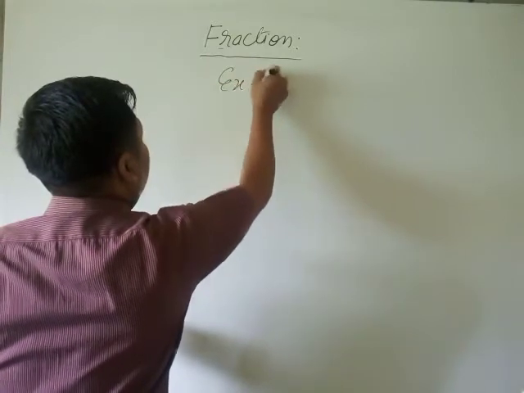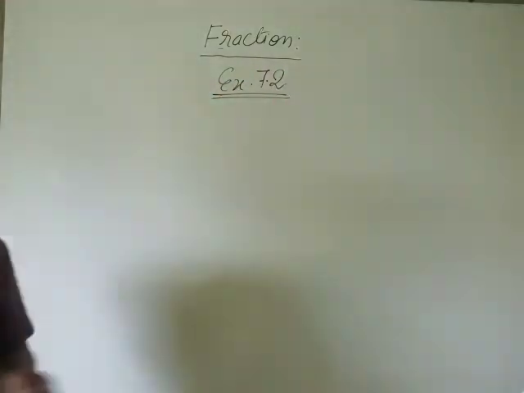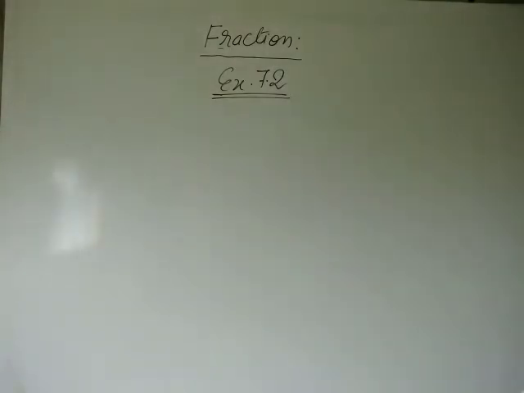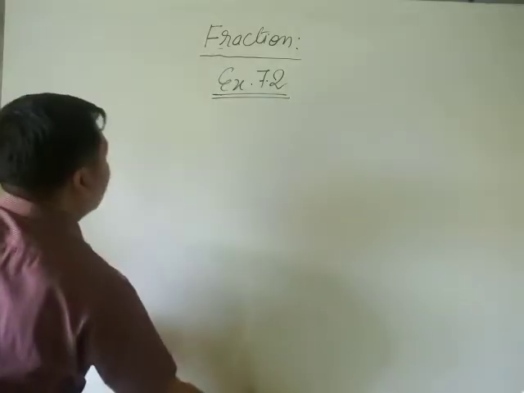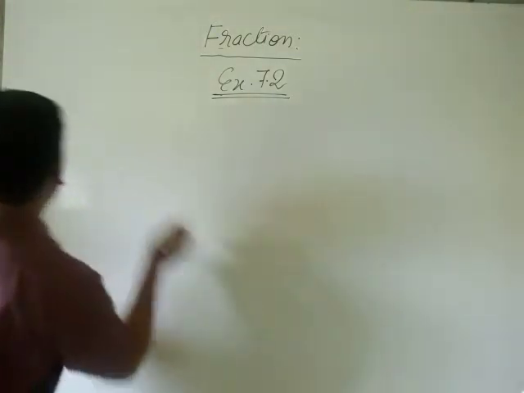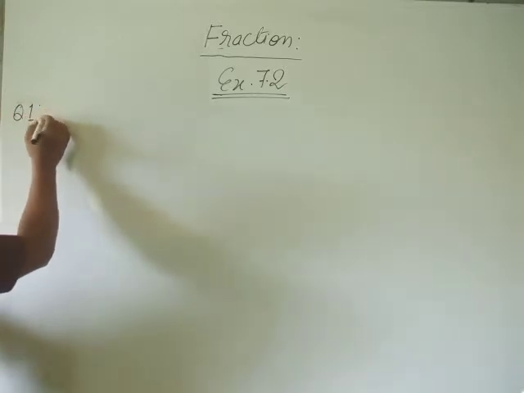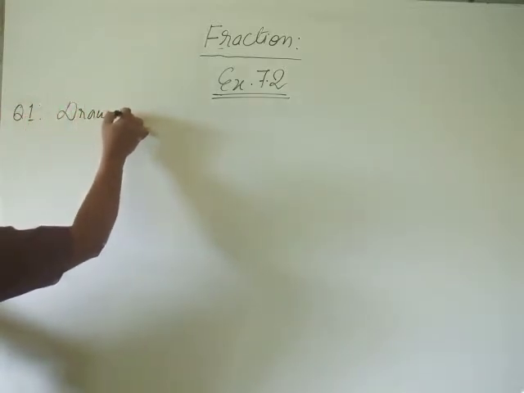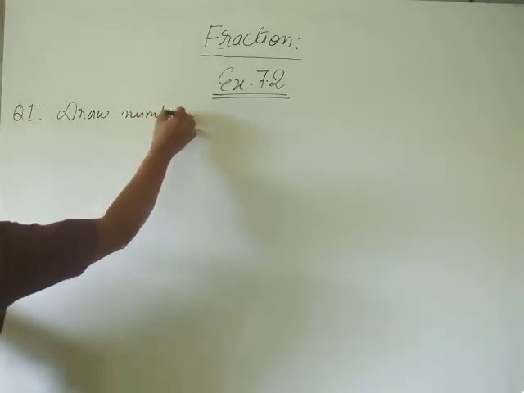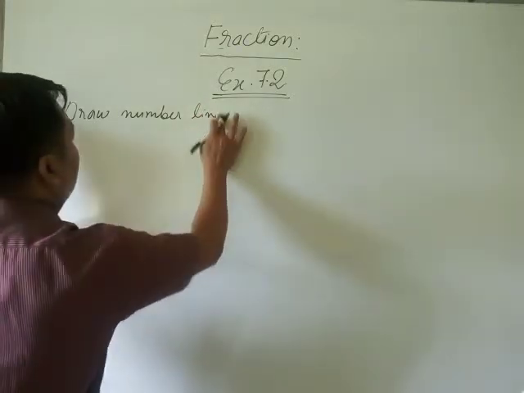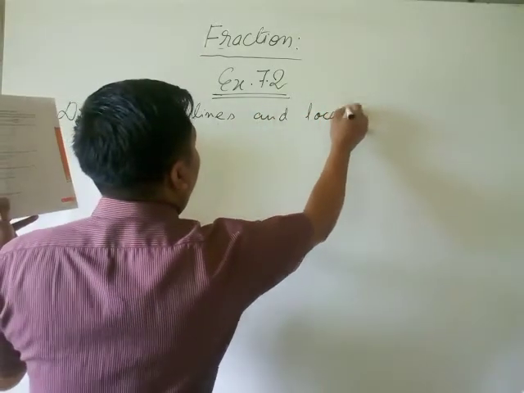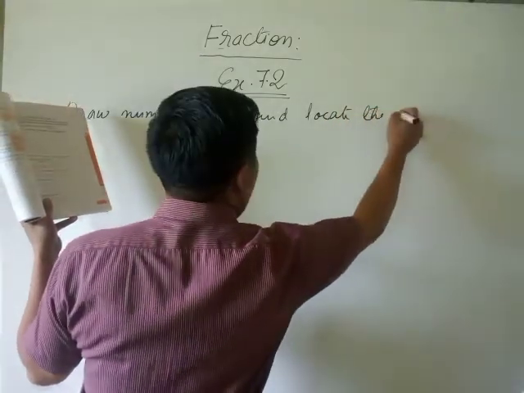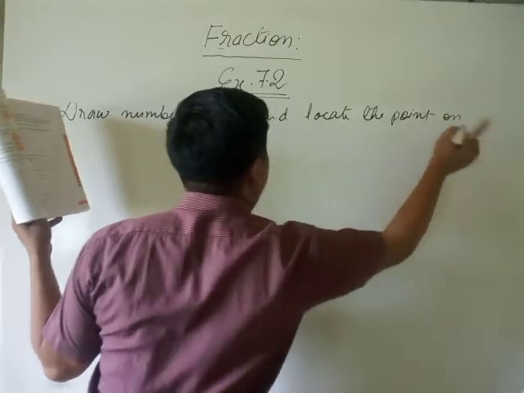So we have exercise 7.2. Question number 1 is asking us like this: draw a number line and locate the points on them.